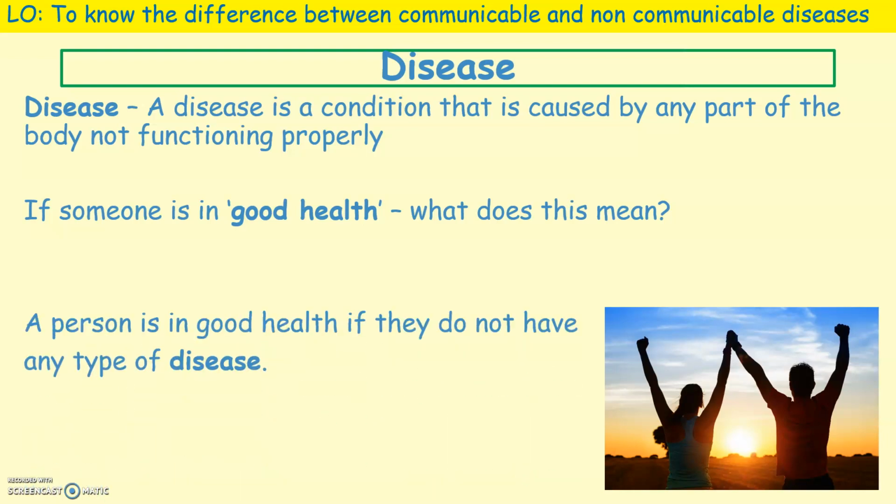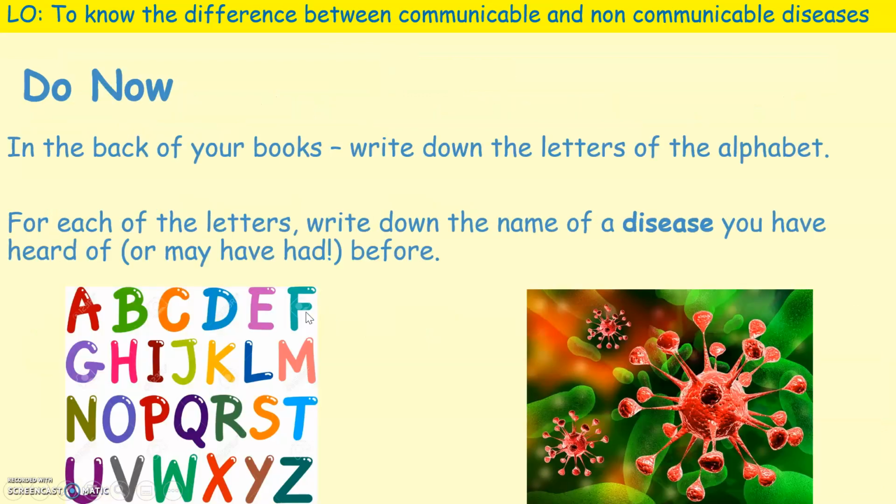It means that the person is in good health. So a person is in good health if they do not have any type of disease. So if a person does not have any type of disease, we say the person is in what? Good health. Excellent.